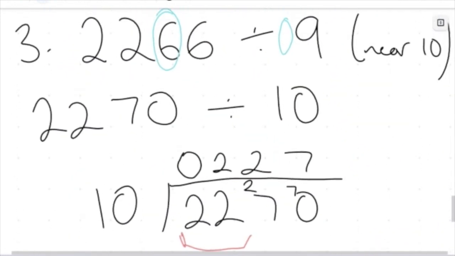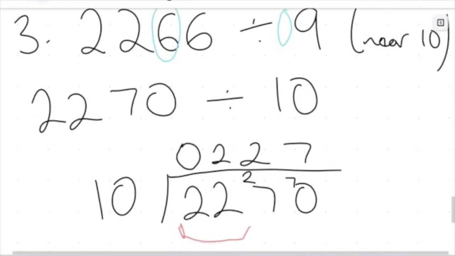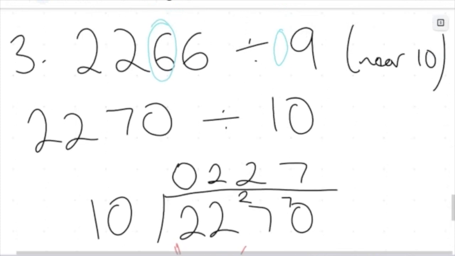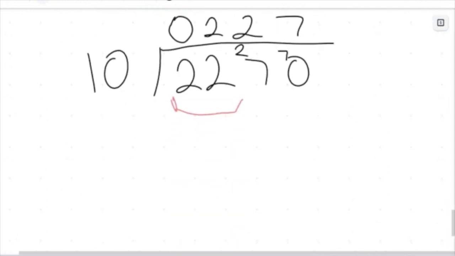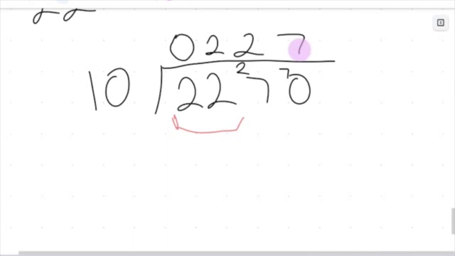Now, when we divided these, sometimes when we just want a rough answer, we can think of rounding this, estimating our answer roughly, and we go, okay, cool. When we divide 2,266 by 9, we get roughly 227.